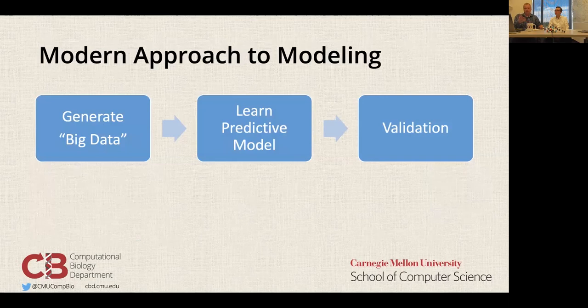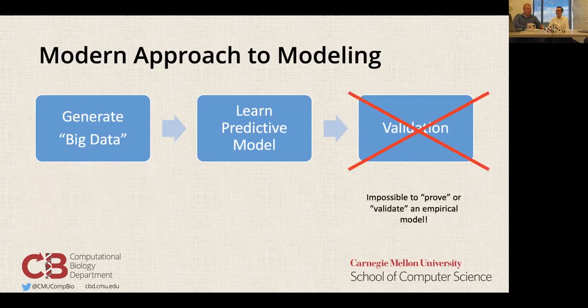The modern approach right now to solving these systems biology problems would be to generate a large data set, and then based on that, use machine learning or other sophisticated tools to learn a predictive model, and then you validate that model, right? The validation is usually done by making some predictions using that model and then testing those high confidence predictions experimentally. Unfortunately, we can't actually validate or prove an empirical model.